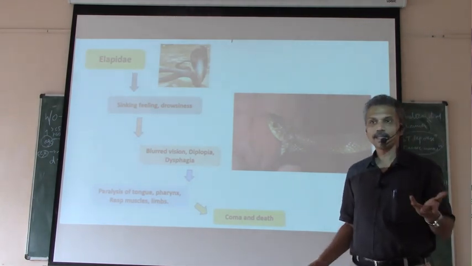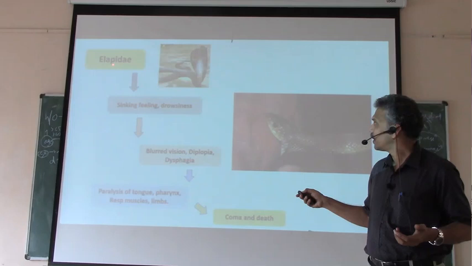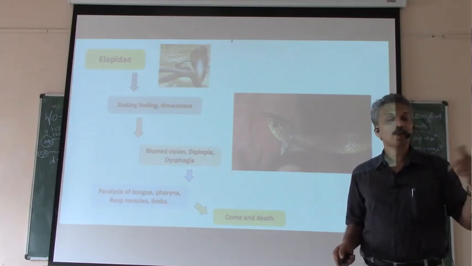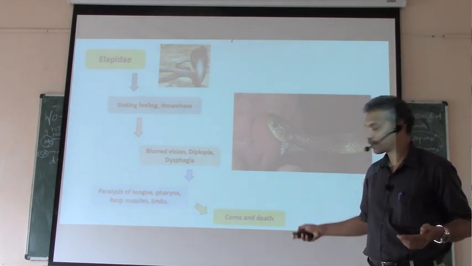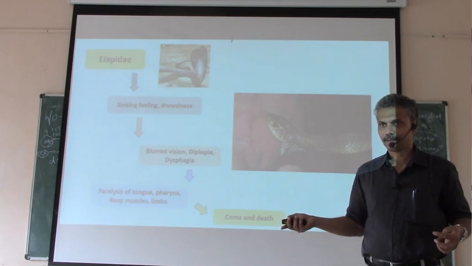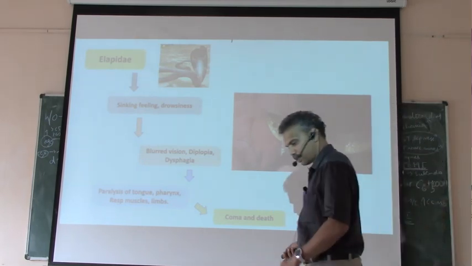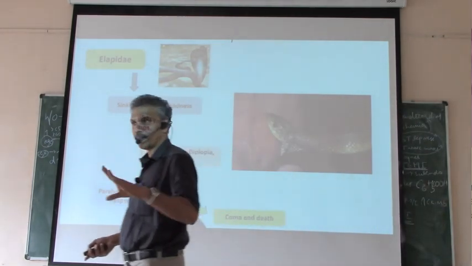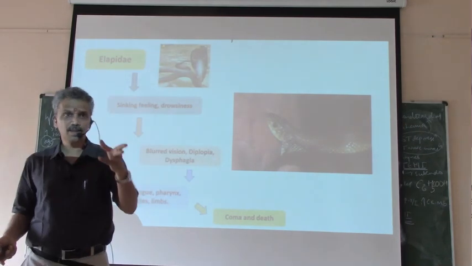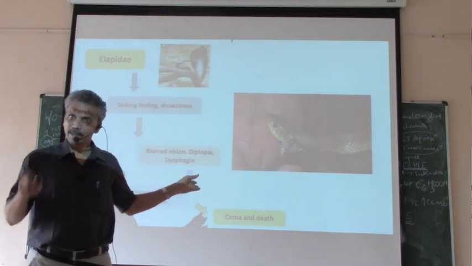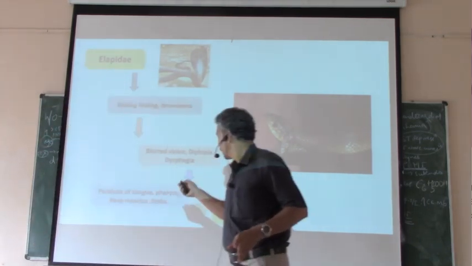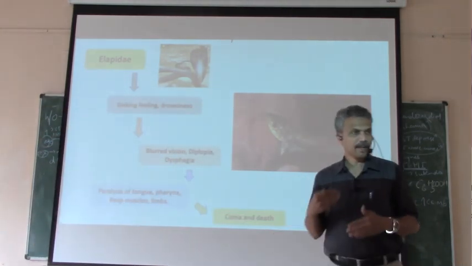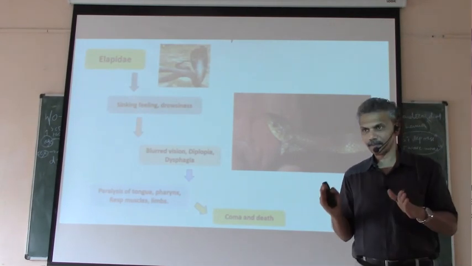That Elapidae is predominantly neurotoxin. You see more of the nerves getting affected. Though Elapidae venom also has hemotoxin, predominantly here it is neurotoxin. This is very important. You will slowly understand why I am giving you this piece of information.